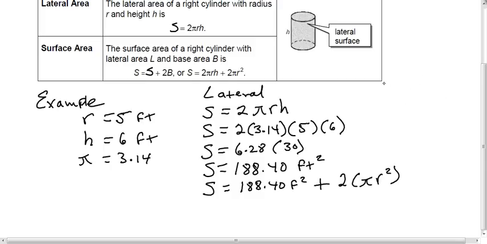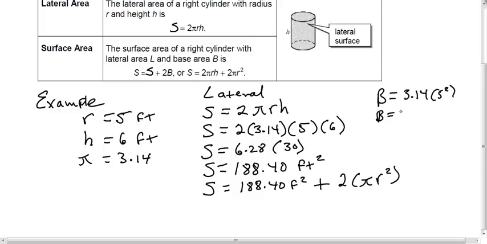I'm going to solve for my big B. Here I see B is equal to pi, so that's 3.14 times, and we have a radius of 5, so that'll be 5 squared, or 25.